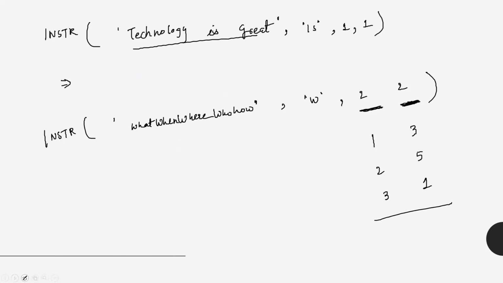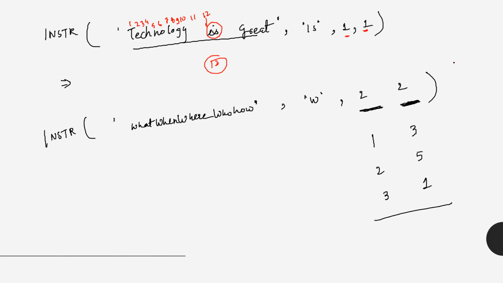The first one is 13. So the answer would be 12. Start from the beginning and search for the first position of IS.